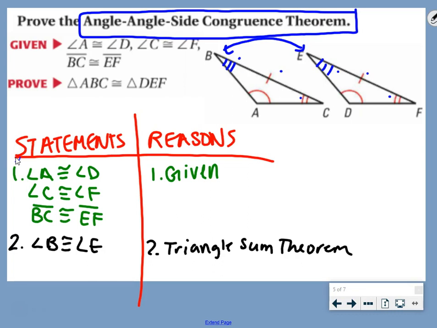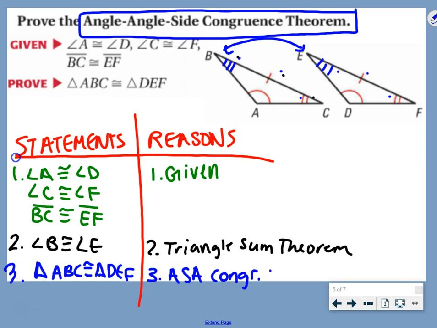And now that we have an angle, side, and an angle, we can say that the two triangles are congruent. So triangle ABC is congruent to triangle DEF, and the reason is the angle, side, angle congruence postulate. And that is the reason why angle, angle, side works, because it really just stems from angle, side, angle.